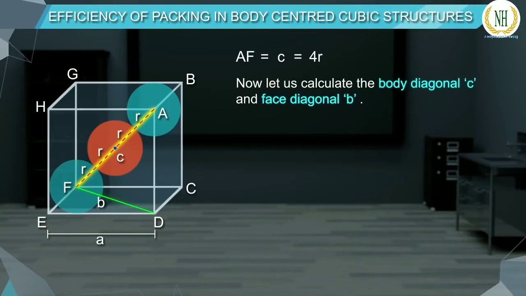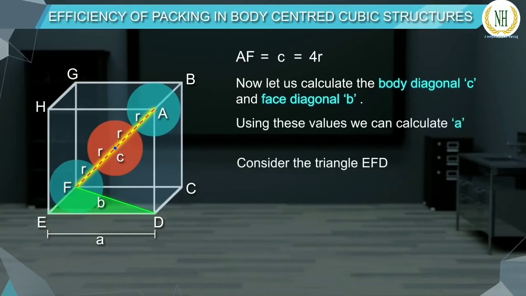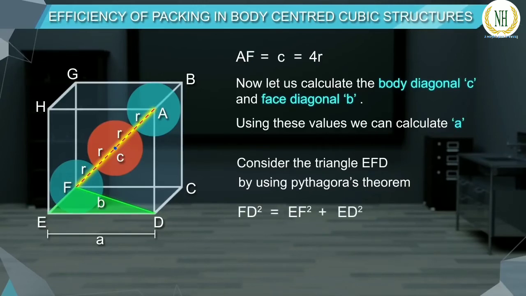Now let us calculate the body diagonal c and face diagonal b. Using these values, we can calculate a. Let us consider the triangle EFD. By using Pythagoras theorem, we have FD² is equal to EF² plus ED². b² is equal to a² plus a², so b² is equal to 2a². Therefore, b is equal to √2 a.